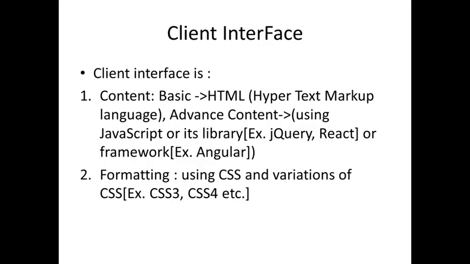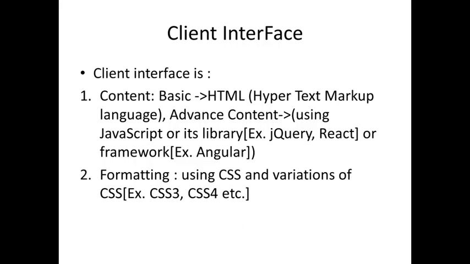All these are variations of JavaScript. If I want to use JavaScript directly, it is very difficult to create content. So to give us some flexibility for developing any content, there are different types of libraries available.